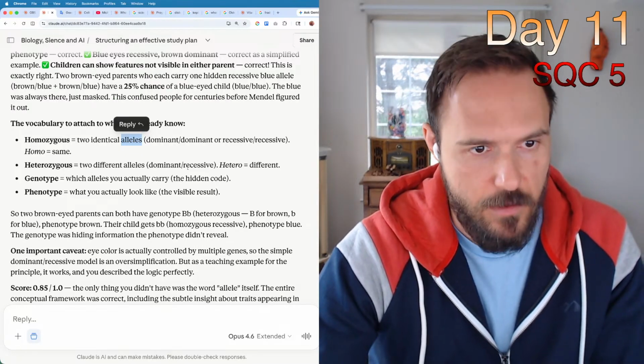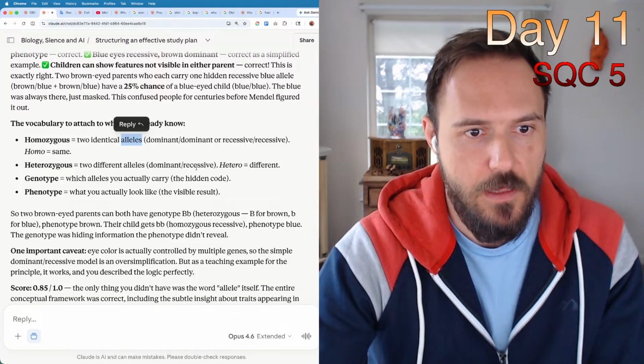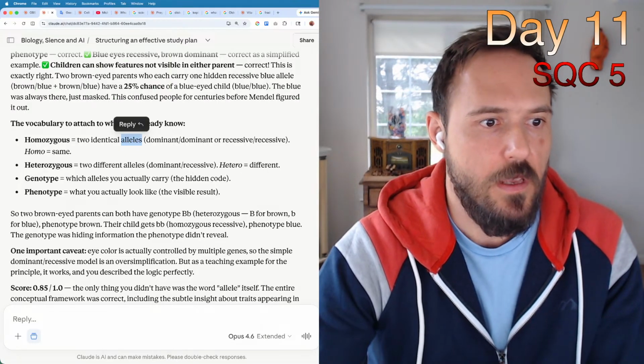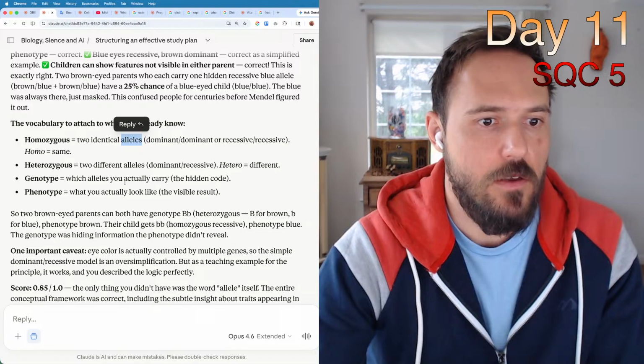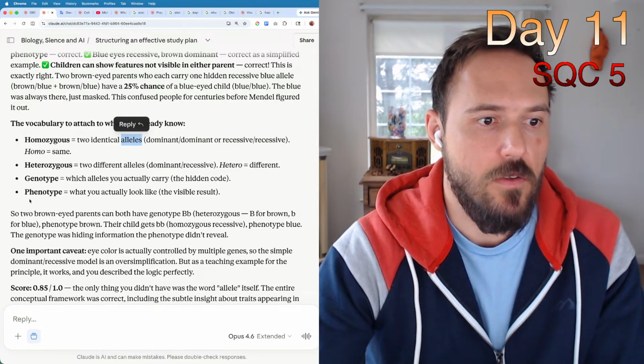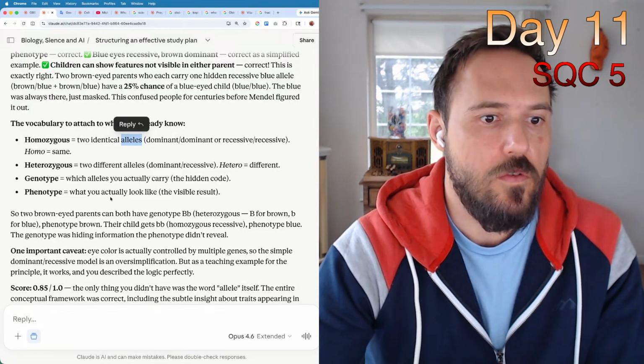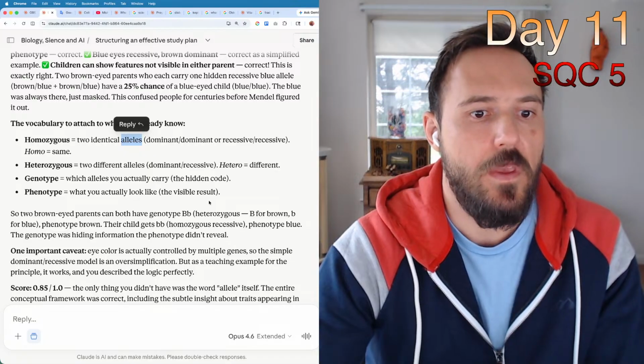Heterozygous. Two different alleles. That means hetero, different. Genotype, which alleles you actually carry, the hidden code. Phenotype, what you actually look like, the visible result.